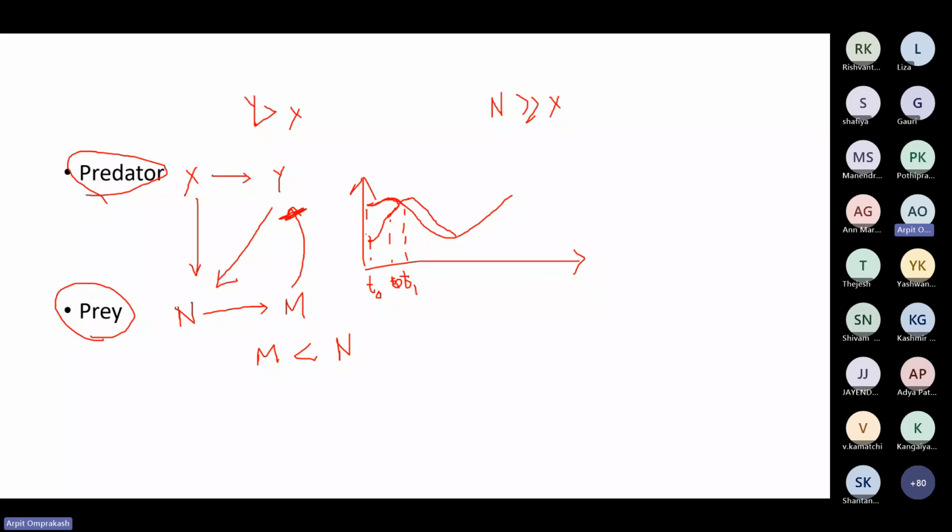Now when the predator population dips below the prey population, the prey is able to reproduce and survive better. So the prey population increases, and the predator population also increases because of that. We have this oscillating relationship where, at any point of time, the number of predators depends not only on the number of prey but also on the past number of predators.